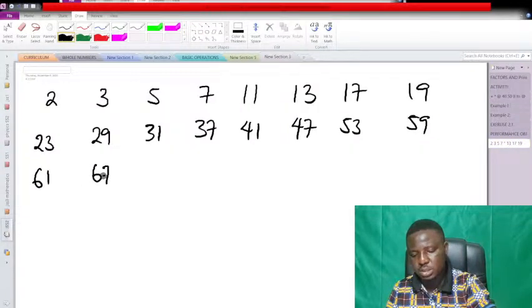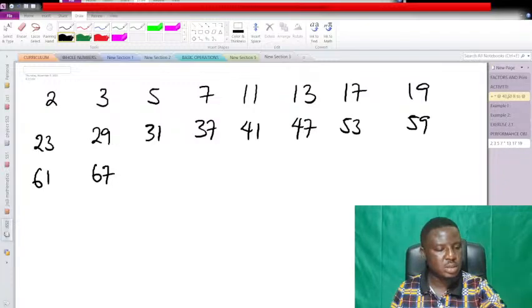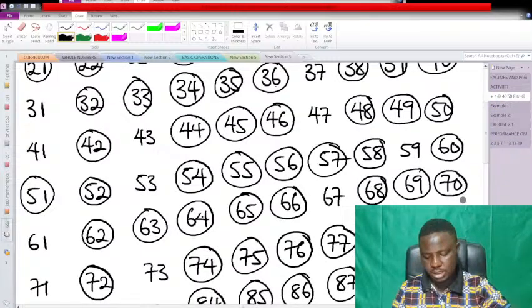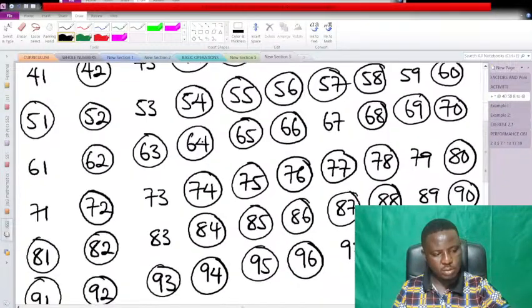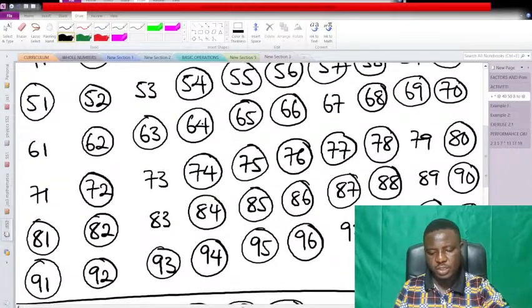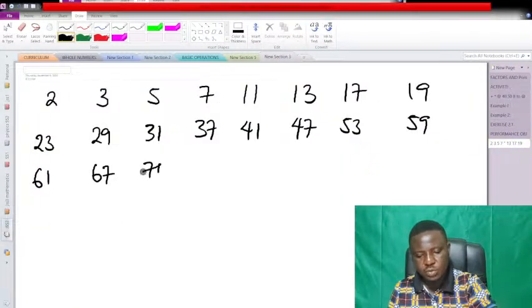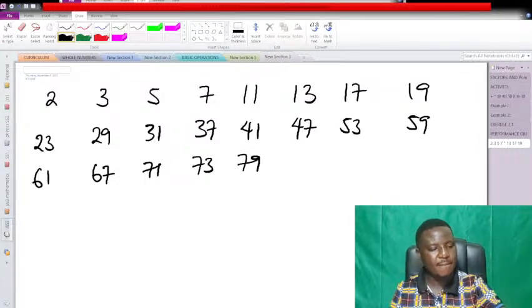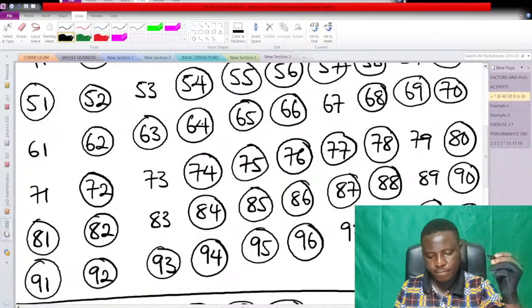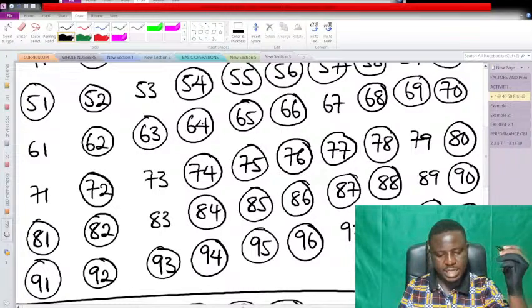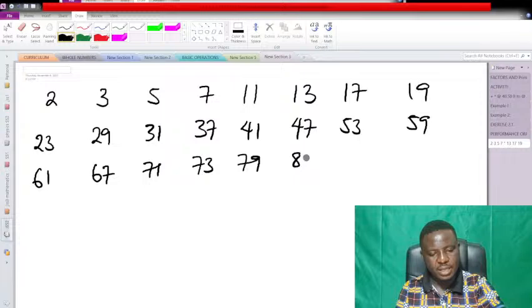Next is 71, 73, and 79. Next is 83 and 89.